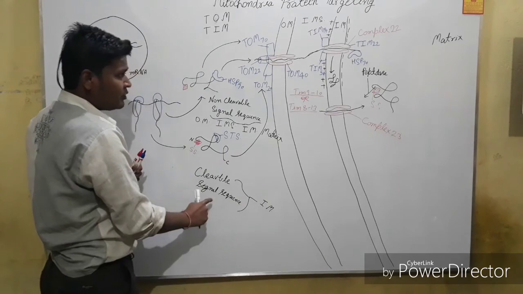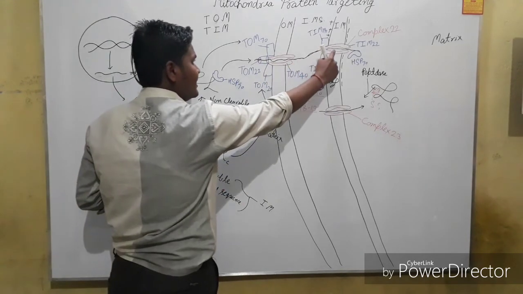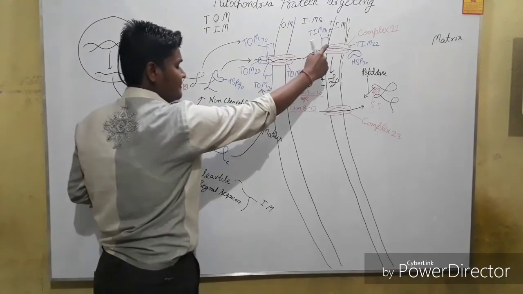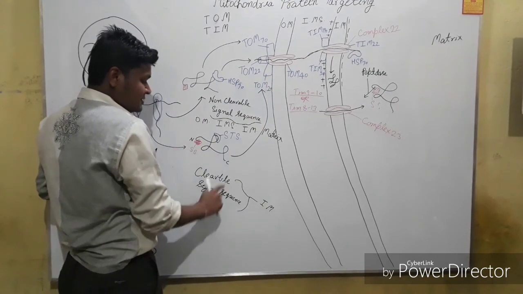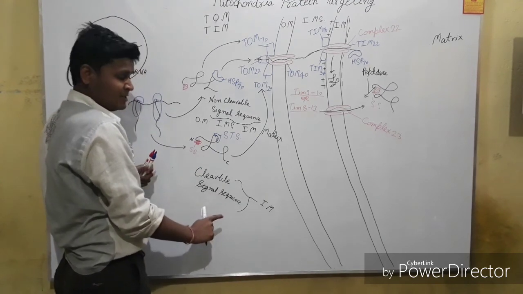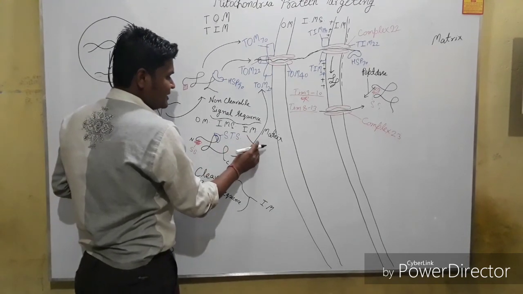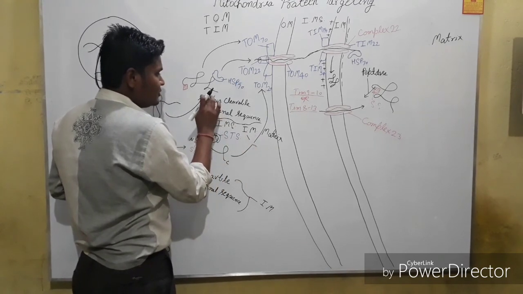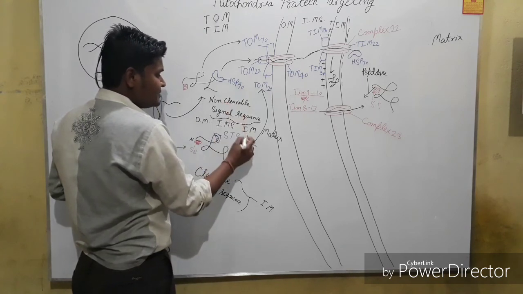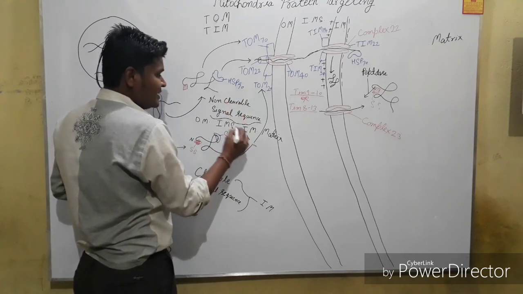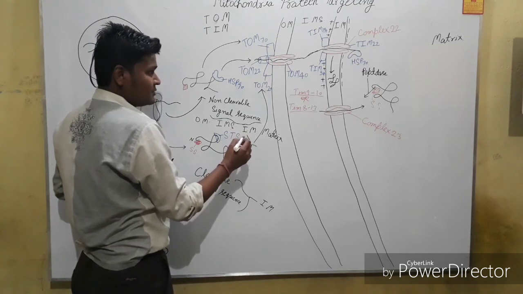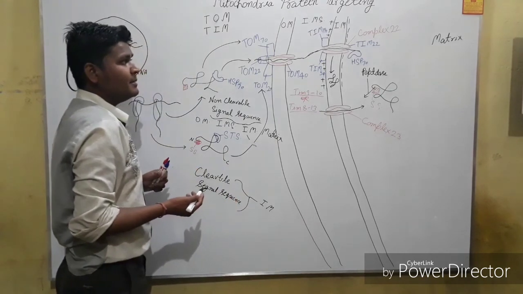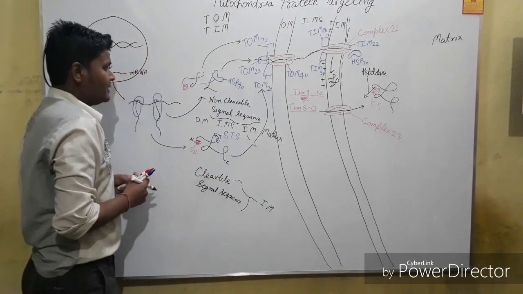Here the cleavable protein comes inside the inner membrane, and the non-cleavable protein also comes inside the inner membrane. These are not multipass proteins. This one is a multipass protein. The non-cleavable multipass protein goes inside the inner membrane.